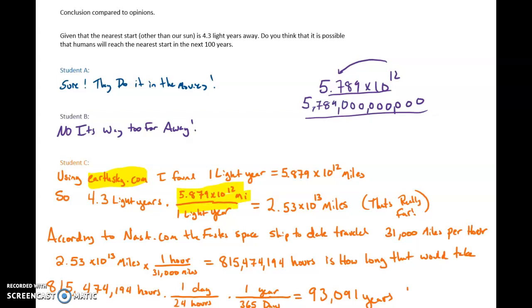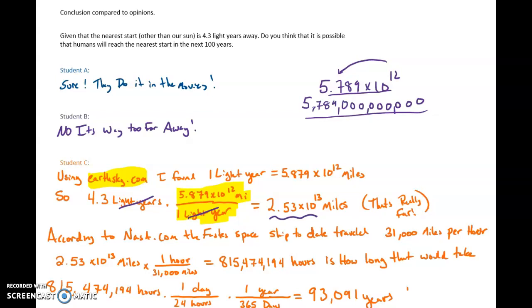It tells us that 1 light year is equal to 5.879 times 10 to the 12th miles. Then what they do is multiplication. We multiply across, and these are going to cancel out. 4.3 times 5.879 times 10 to the 12th miles gives us 2.53 times 10 to the 13th miles.